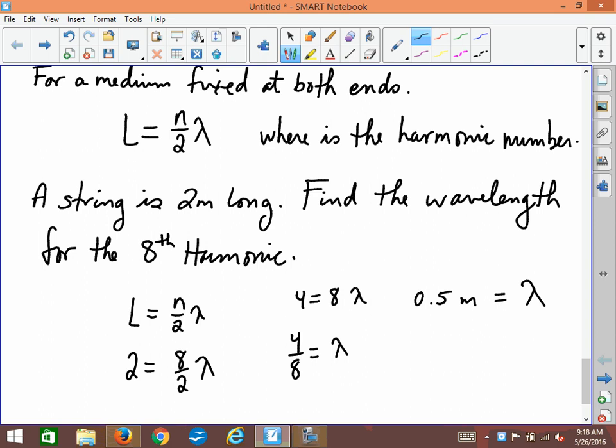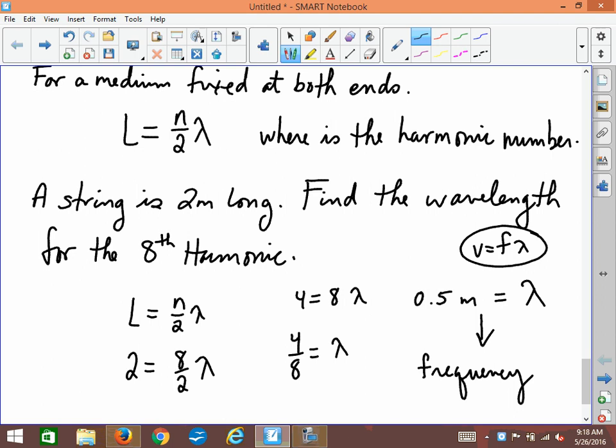And that's pretty cool. Later, we'll learn that we can also use this information to tell us more about the frequency of the wave as well. But for now, we have to just stick with the wavelength, because in order to get the frequency, we need to use our expression v equals f lambda, our universal wave equation. And we haven't talked about the factors that will affect the speed of the wave in a string like this.